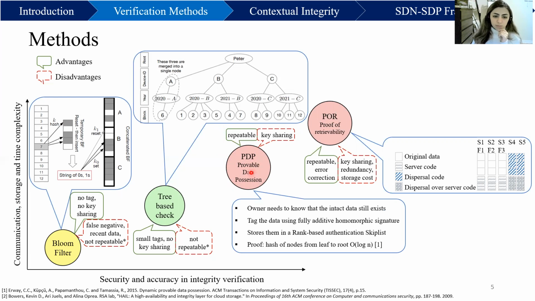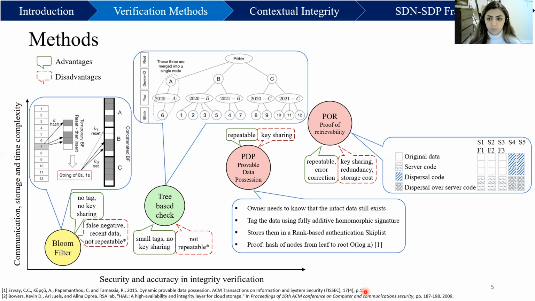The third method is PDP, provable data possession. It's provided in the literature in the first reference over here. In this method, the owner needs to know that the intact data still exists, and it tags the data using fully additive homomorphic signature. It stores them in a rank-based authentication skip list. And the proof size has a complexity of O(log n).